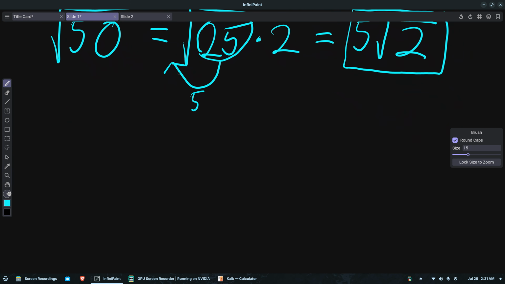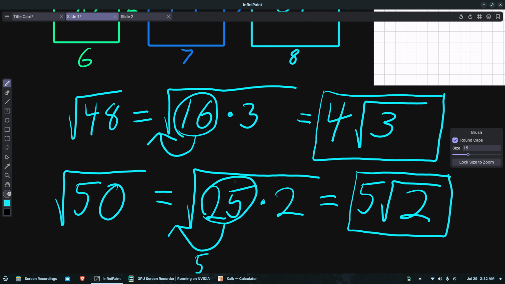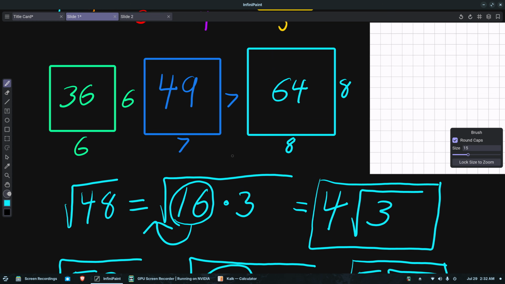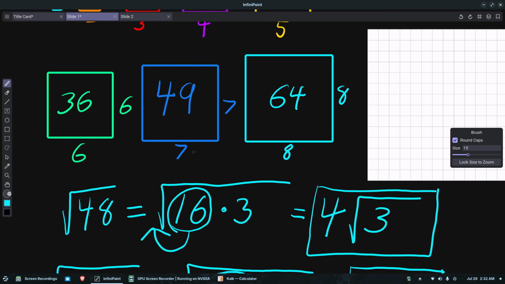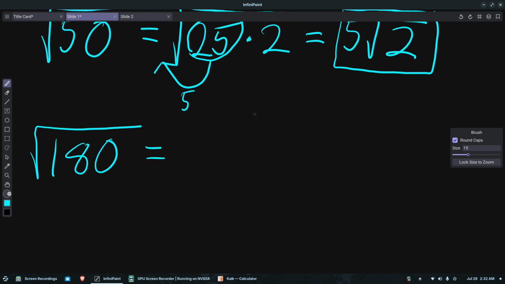Now what if we wanted to get the square root of 180? Well, let's do that. So again, we would find out the largest possible perfect square that you could take out as a factor. And in that case, it would be 36, because 36 times, let's see, actually, sometimes it's good to get a little bit of help from your calculator.